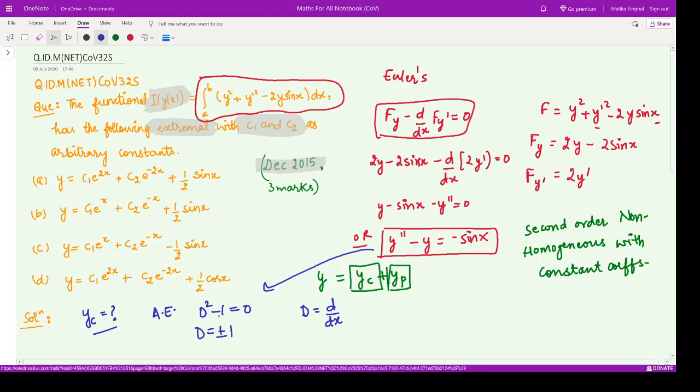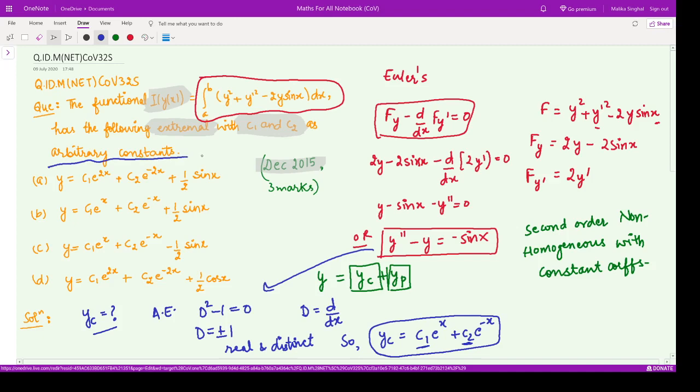Here the roots of this equation are real and distinct. So yc is equivalent to c1 e to the power x plus c2 e to the power minus x. If you do not remember this form, you just have to go back to the theory of ordinary differential equations. So here c1 and c2 are constants and these are arbitrary in this case, right?